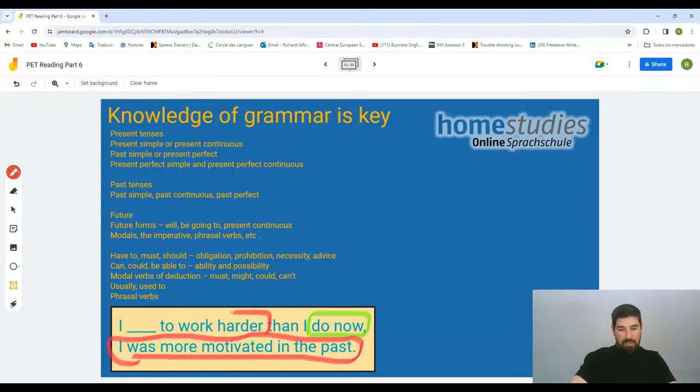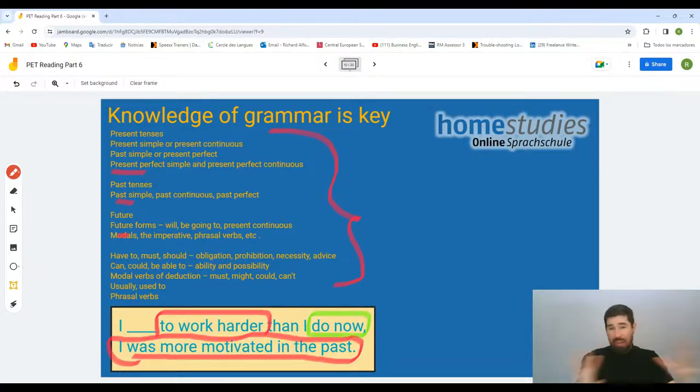So this relates to this. Lewis has been very fast this time. This is more examples of your grammar: tenses, future, modals, usually used to.